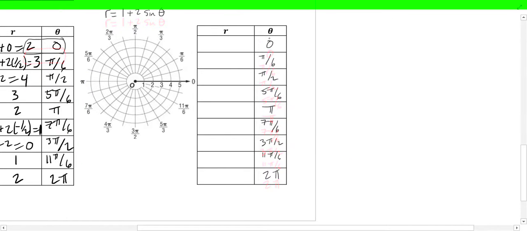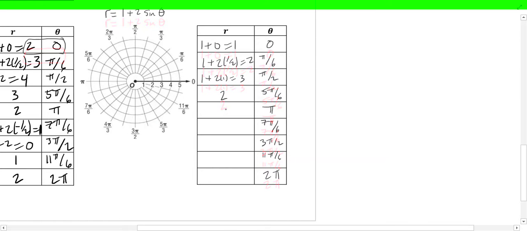And you put in, so now you put in 0, 1 plus 0 is 1. And here it's 1 plus 2 times 1/2, is 1 plus 1, is 2. And then this is going to be 1 plus 2 times 1, which is 3. 5 pi over 6 is 2.